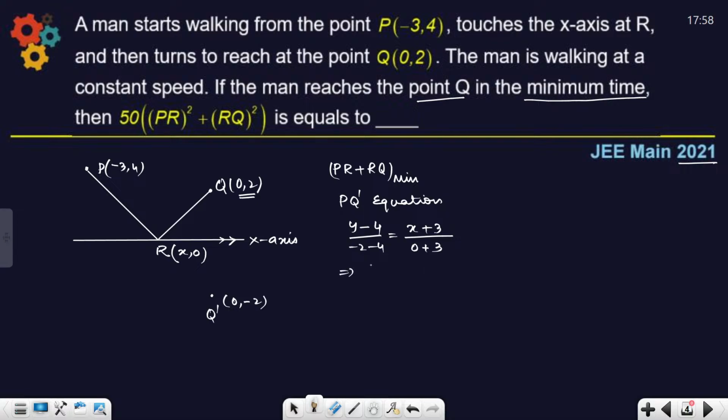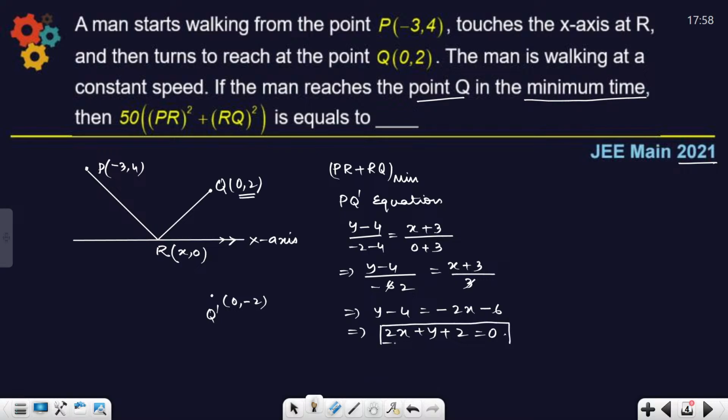So that gives us this. Is it right? So this is the equation of PQ dash.